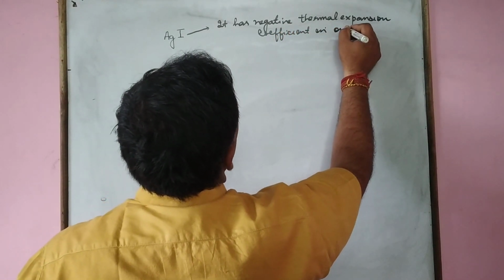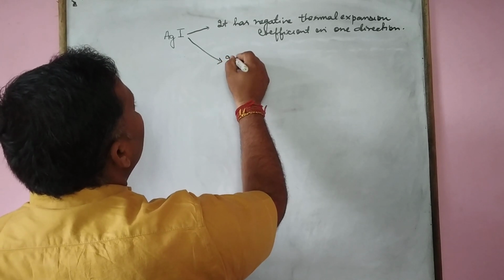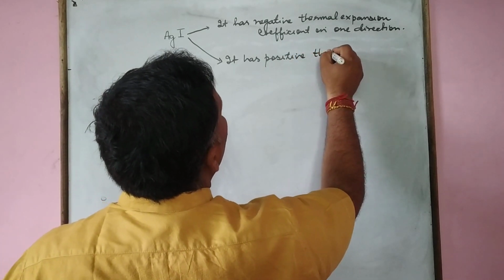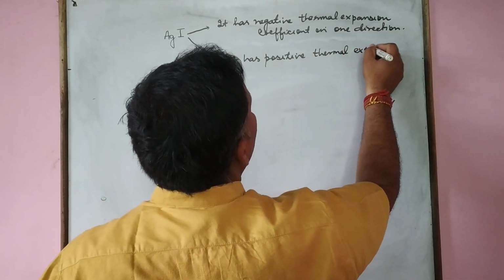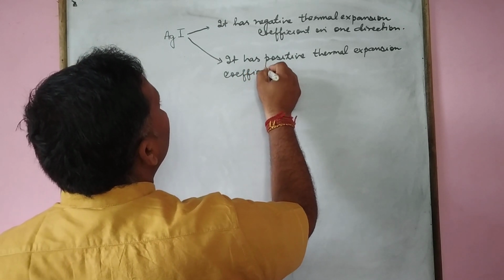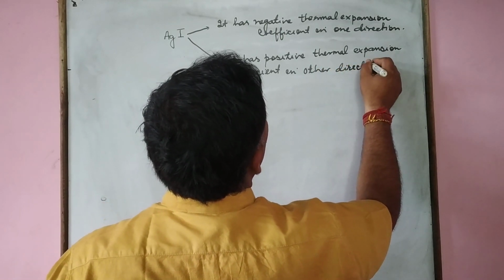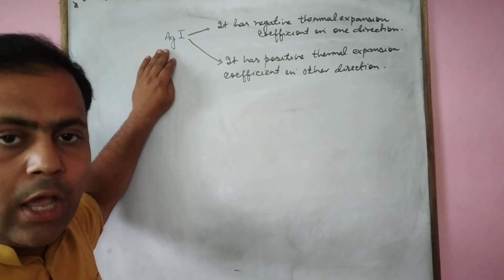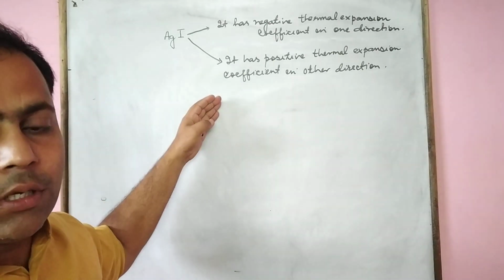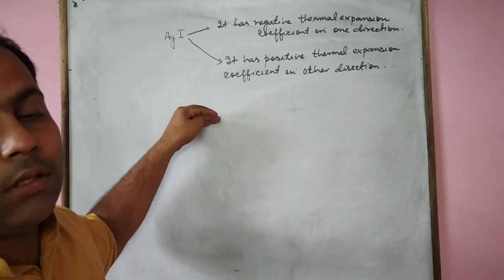What we see here, it means in one direction on increasing temperature the length increases, whereas in other direction on increasing temperature the length decreases.